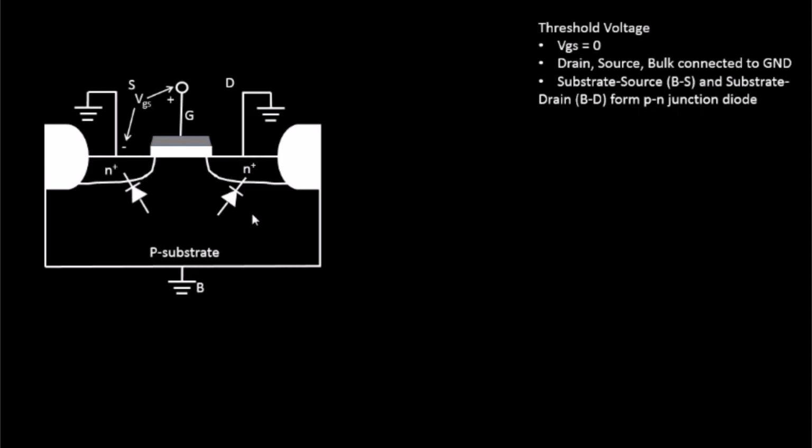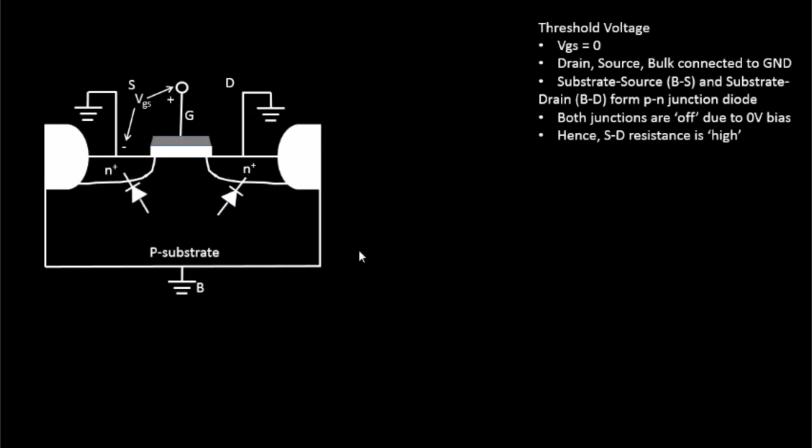So in that case, what will happen? If you see, in this particular case, the resistance between source and drain is extremely high. Basically, the resistance is so high that there is absolutely zero flow of current between source and drain. That's an important observation in this scenario.